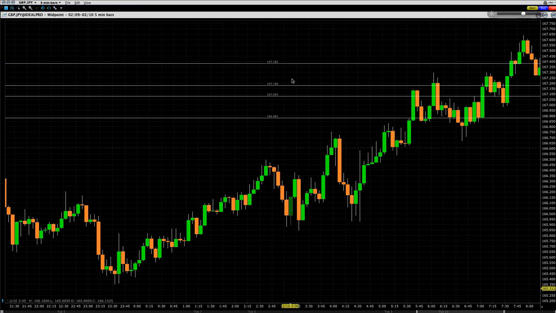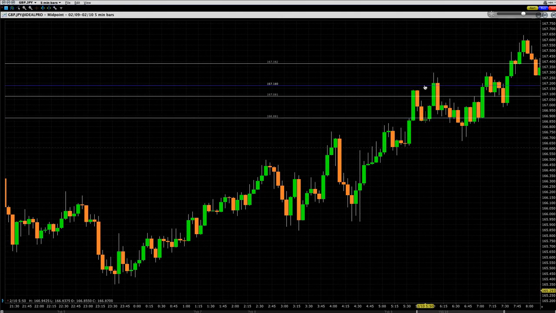So again, I know it's a bit confusing because it's all the same color, but my first entry is here and the stop loss was here. My second entry is here and the stop loss was here. So I got filled here. I almost got stopped out, right? But it comes back and I got out at break even because I don't like it.